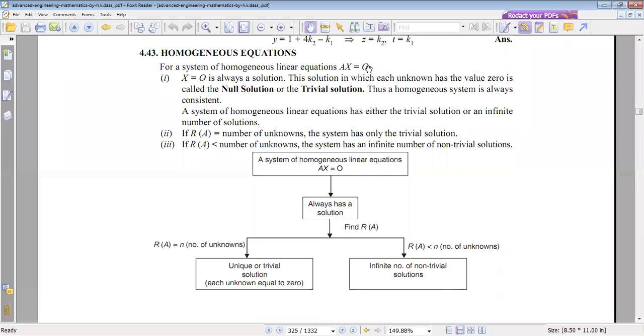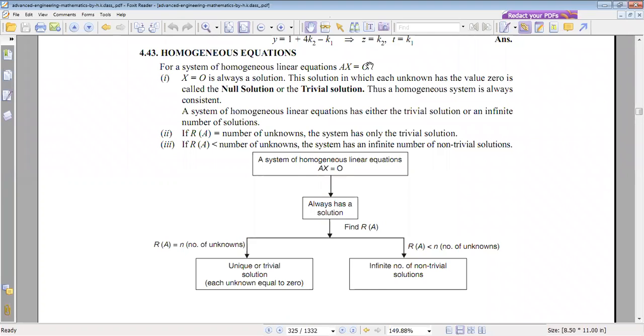That means if the right hand side is not equal to 0, then that system of equations is called non-homogeneous. And if the right hand side is equal to 0, then that system is called homogeneous. So the previous problems we discussed were all non-homogeneous equations.